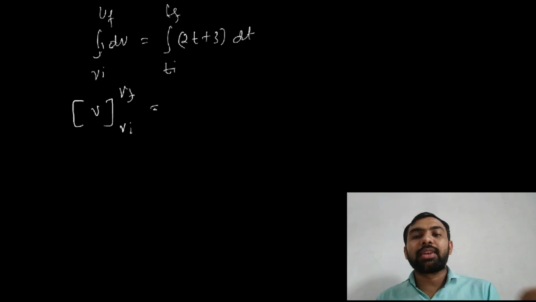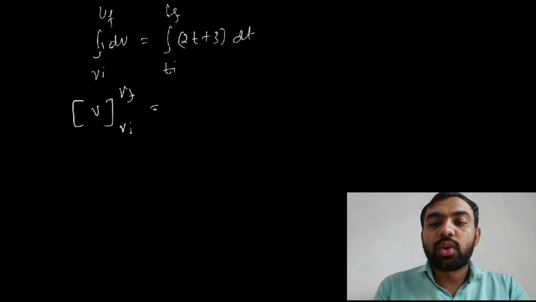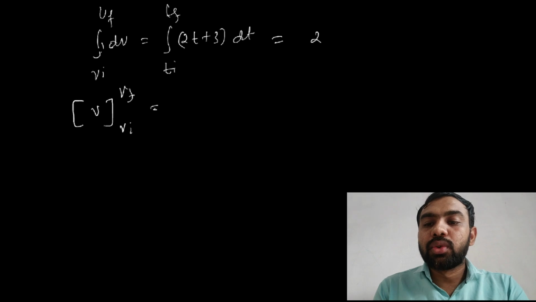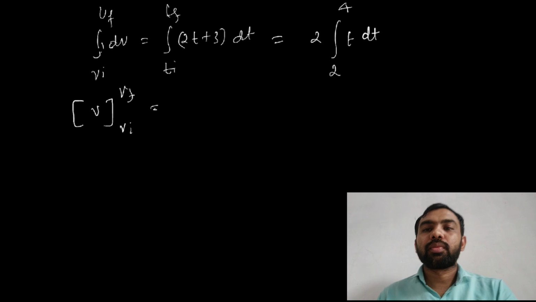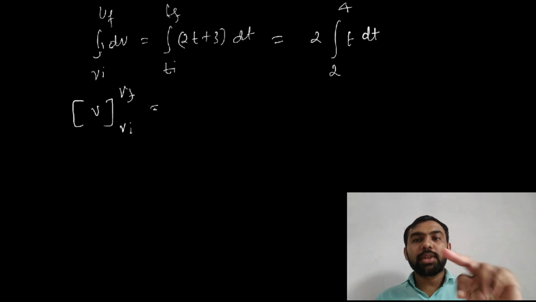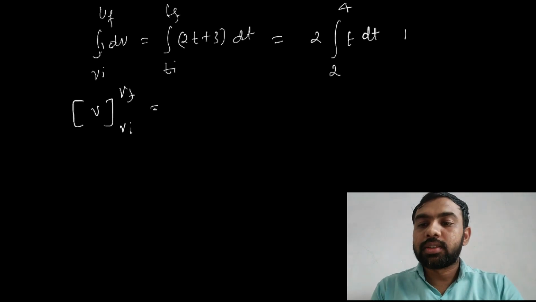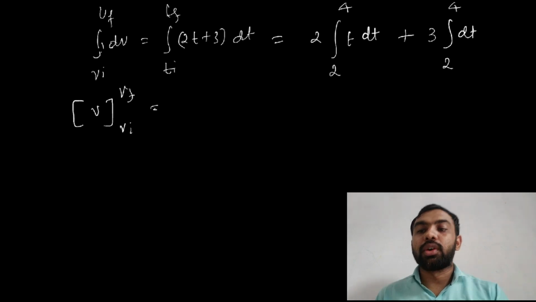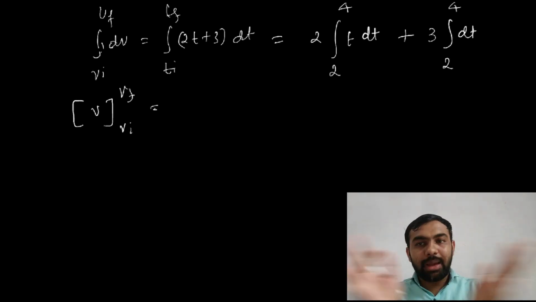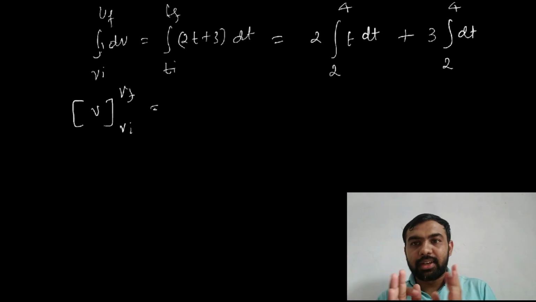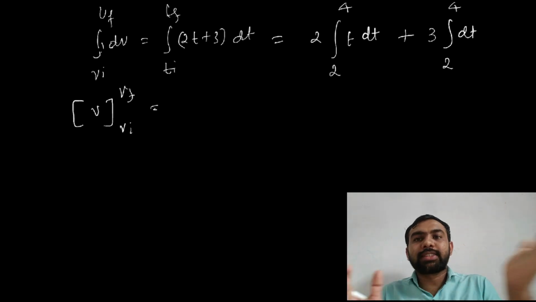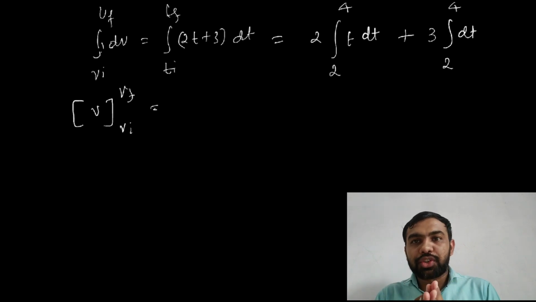In integration also we separate them. So 2 integration t dt from 2 to 4, the limit t initial to t final, plus 3 integration dt from 2 to 4. First you separate it. Those are the rules of integration, exactly similar to differentiation.